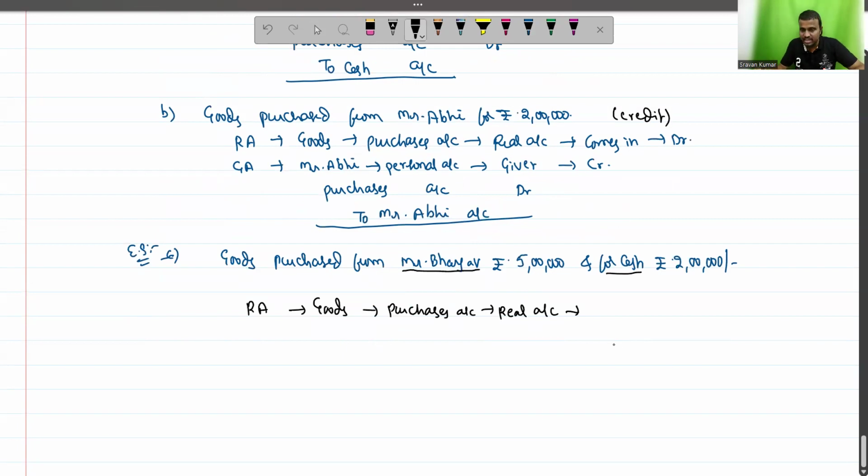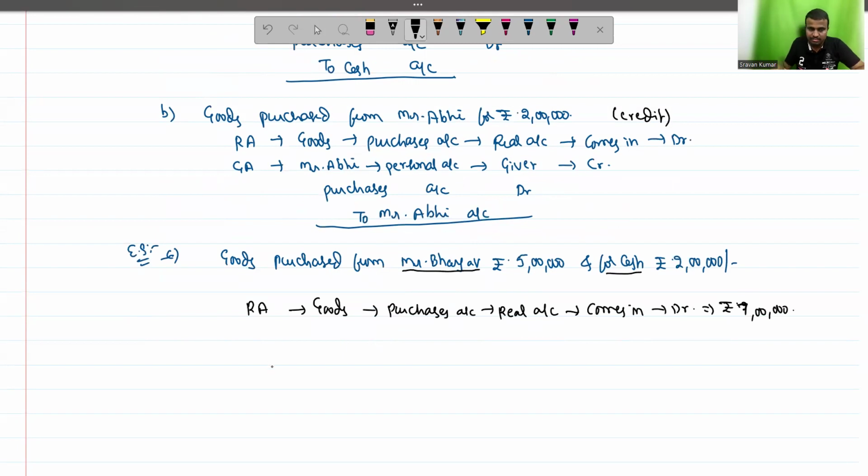As the goods come into the business, that account is debited. How much worth of goods did you receive? 7 lakh. And what is the giving aspect? Here the giving aspect is cash, but the cash you provided is only 2 lakh. But coming to the 5 lakh, there is no giving aspect.